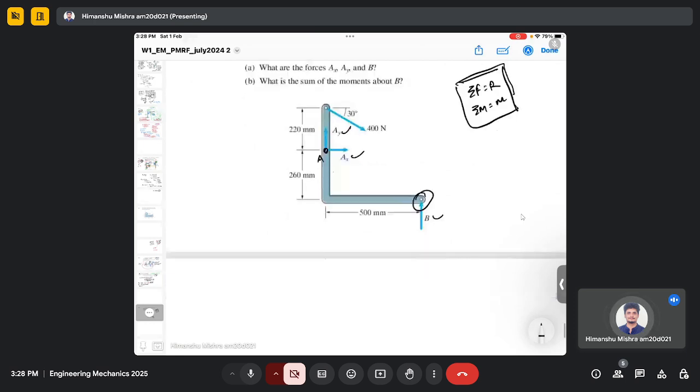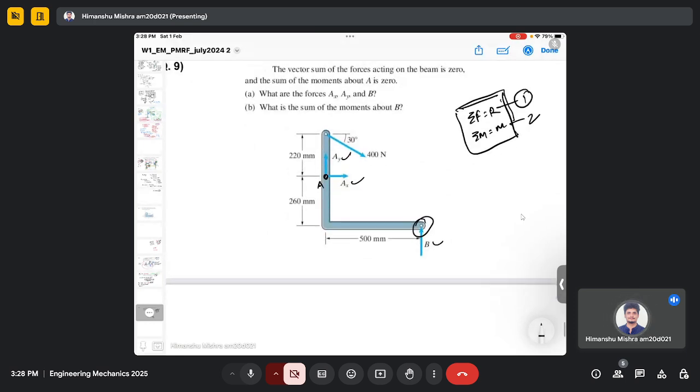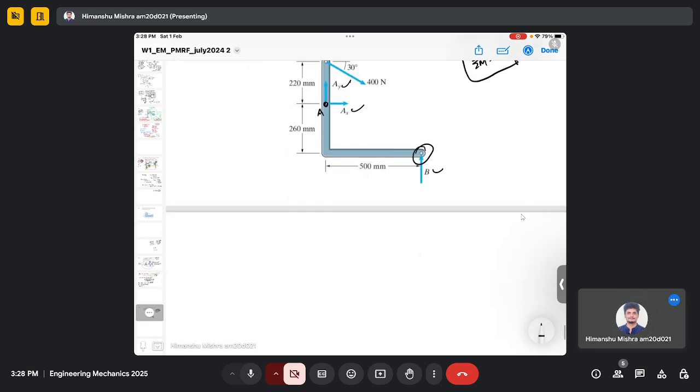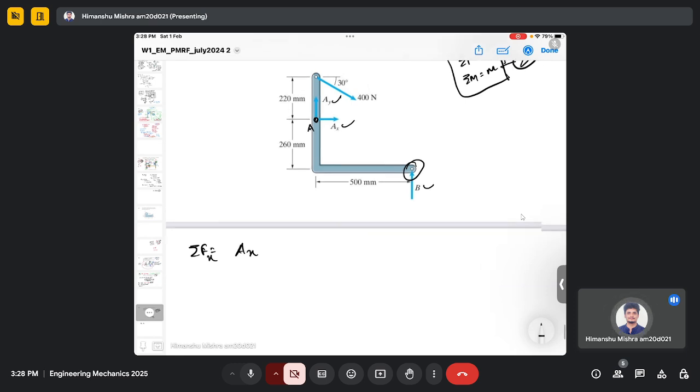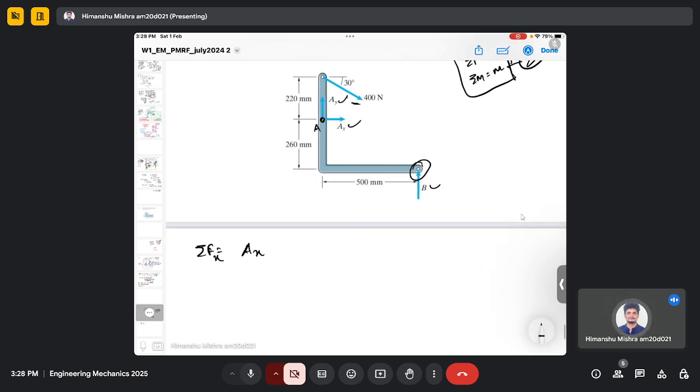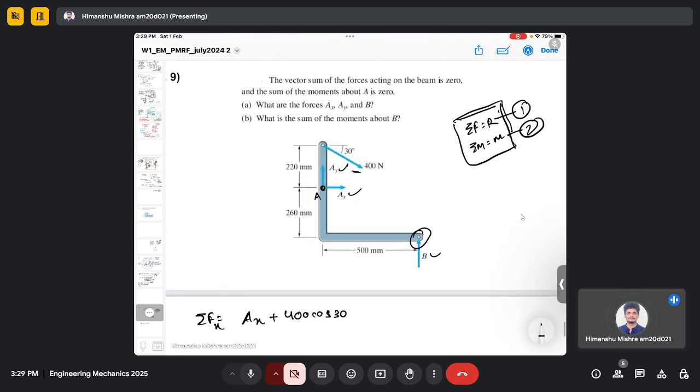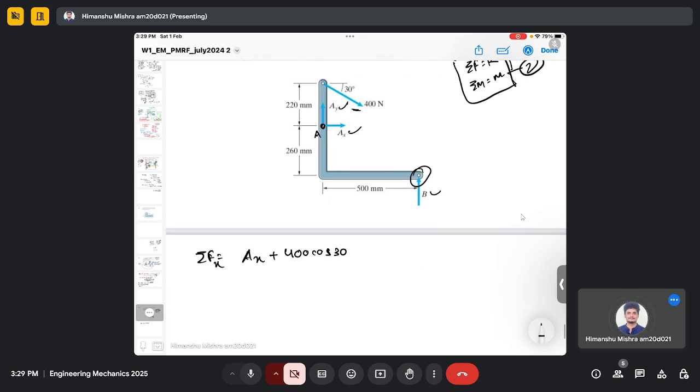So again using the same equation here, equation 1, and let's say this is my equation 2. The summation of forces in the x direction will be given by Ax plus the component of this force, which is 400 cos 30, and it is given that the vector sum of forces acting on the beam is 0, which means the summation of force Fx should be equal to 0.